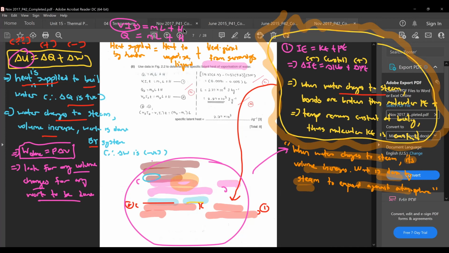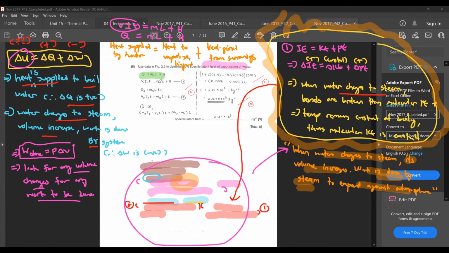So eventually you get this, where Q1 is M1 L plus H, so V1 I1 T equals M1 L plus H. Then Q2 is M2 L plus H, so V2 I2 T equals M2 L plus H. So take equation 2 minus equation 1.